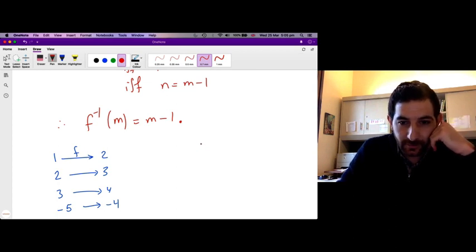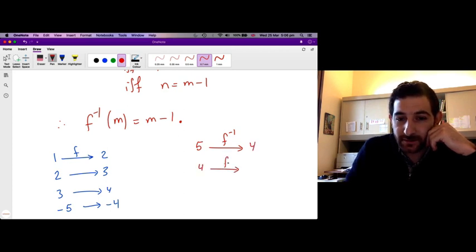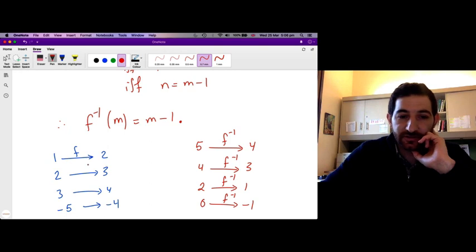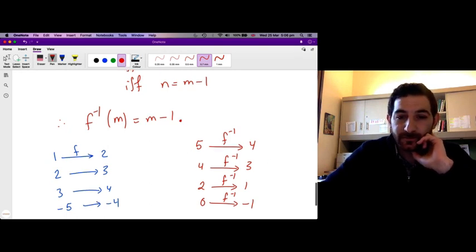Say, let's start with 5. F inverse will send 5 to 5 minus 1, which is 4, and 4 will be sent to 3. 2 will be sent by f inverse to 1. 0 will be sent by f inverse to -1. Okay, and so on. So this is the function, and this is its inverse.